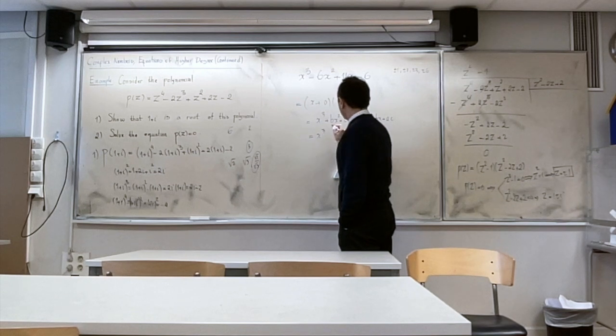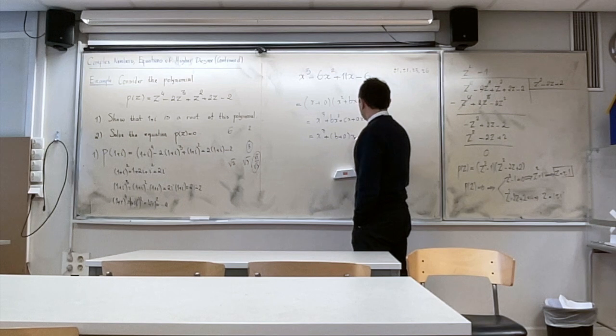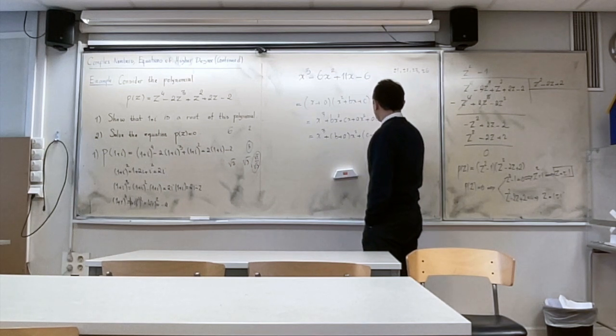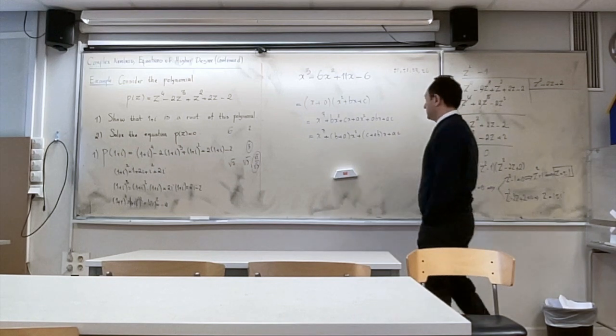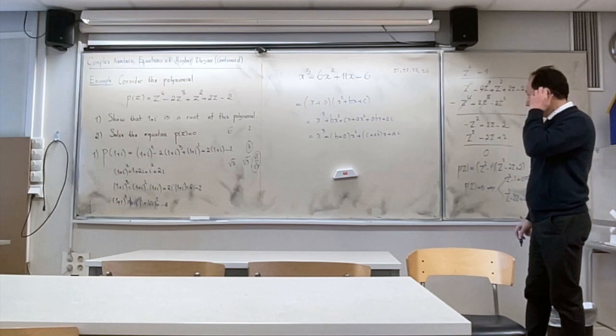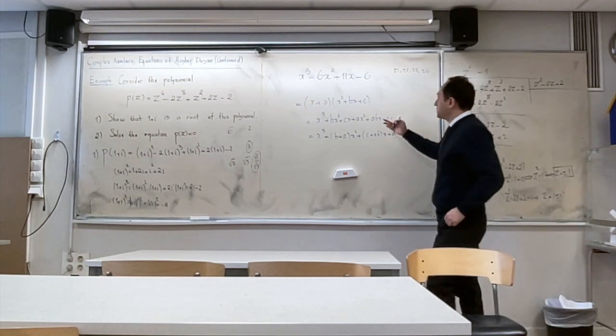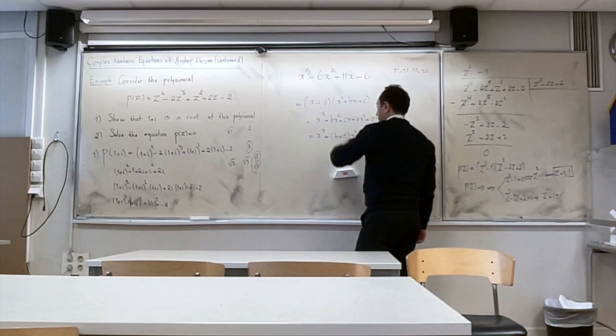And then organize it. x cubed, I have 2x squared, I factor it out. And then I have 2 x's, I factor it out, and then ac. Can you confirm my calculations? Let me double check, seems correct. And now I compare this one with this one. I don't have any problems with the third powers, they're already fixed.